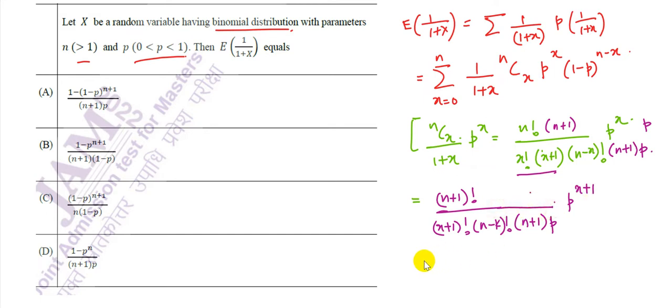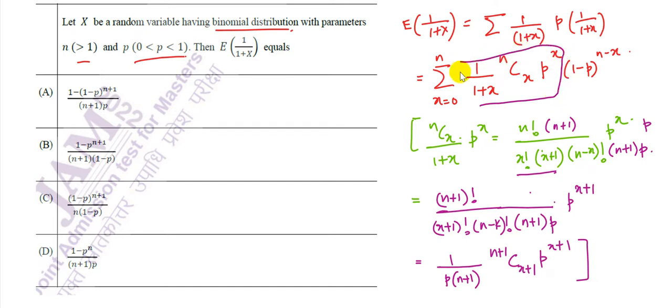So that means this can be written as 1 by p into n plus 1, and then n plus 1 c x plus 1, and then p to the power x plus 1. So this becomes my alternate expression for the first part, nCx.